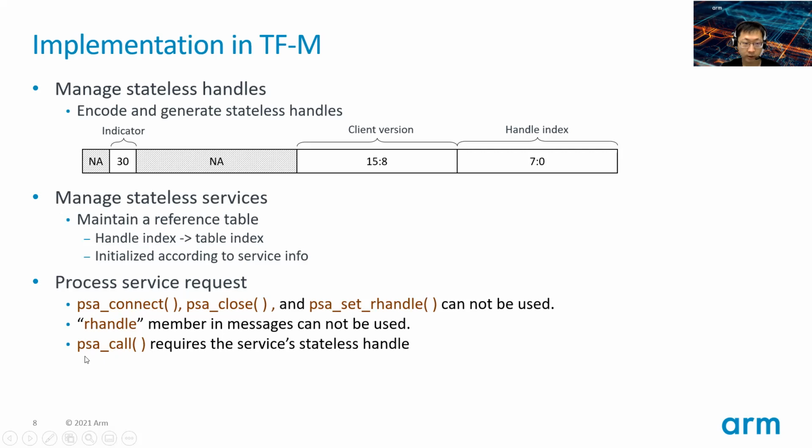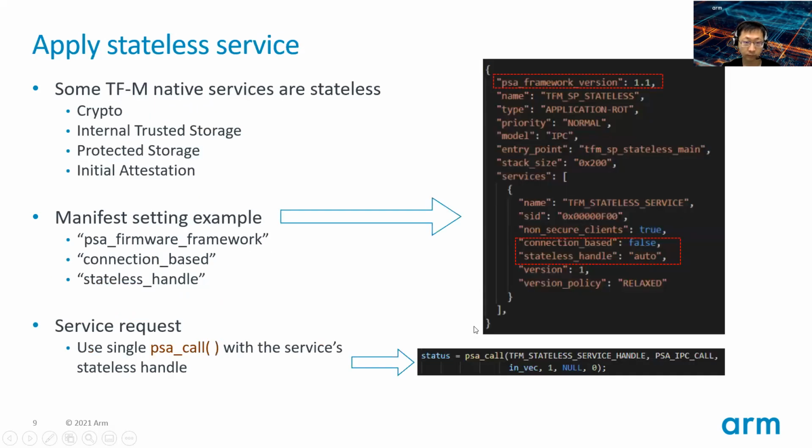When a client uses PSA call to request a stateless service, the handle passed into this API must be a stateless service handle. Some TF-M native services are already implemented as stateless. For example, the crypto, the internal trusted storage, the protected storage, and the initial attestation service.